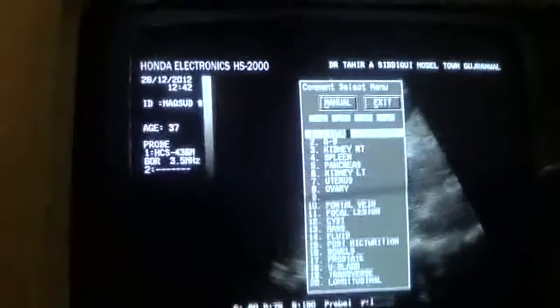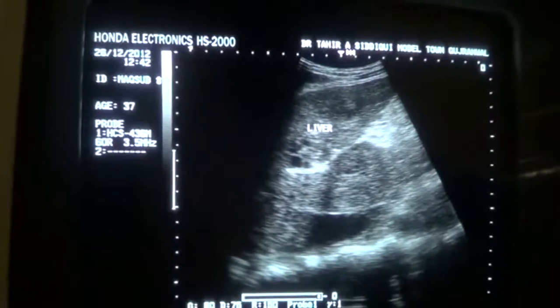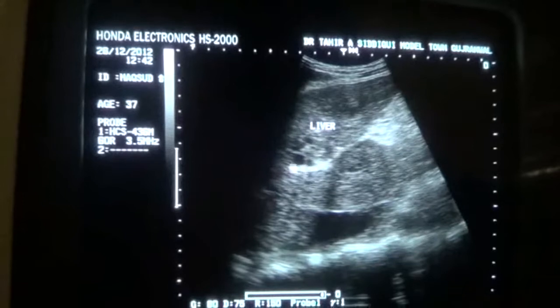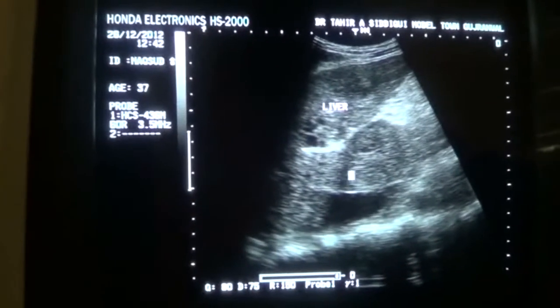This is the left lobe of the liver, this area. In longitudinal section, this is the ligamentum venosum. This is the caudate lobe or segment 1.